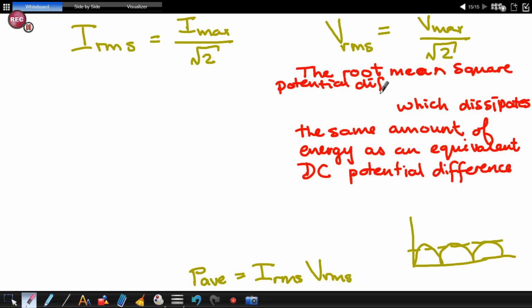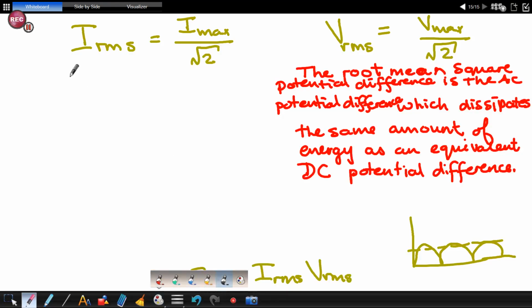Okay, say it again. The V RMS is the AC potential difference which dissipates the same amount of energy as an equivalent DC potential difference. If you know one, the other one is easy. What will the other one be?